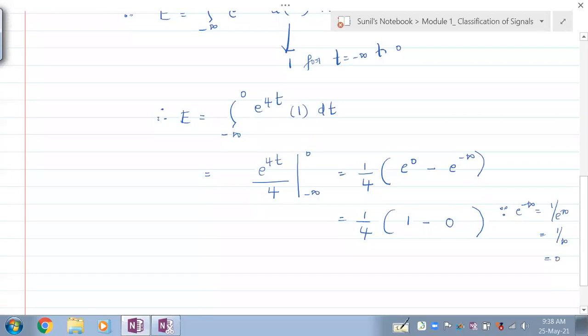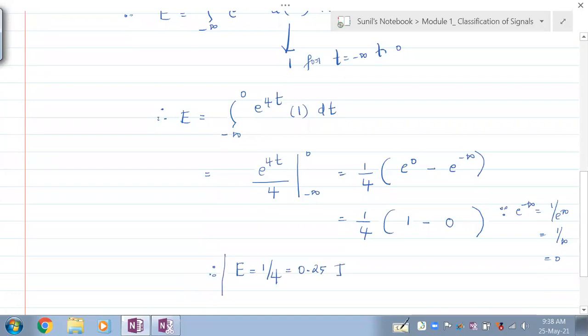So e power minus infinity is always 0. E power infinity is infinity. Understand? Therefore, E is equal to 1 by 4, or 0.25 joules.